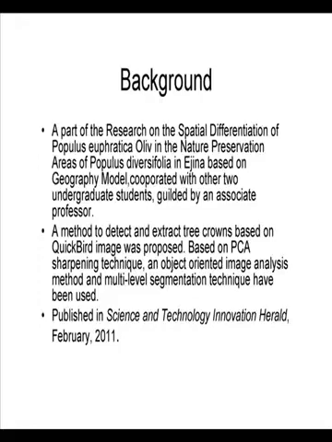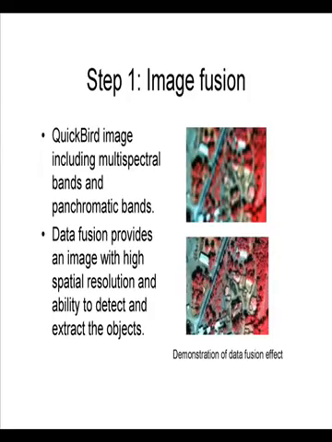In recent research, other factors are used in classification, such as the physical attributes of the objects and the geometrical relationships among neighbors. This research used the PCA sharpening technique, an object-oriented image analysis method, and a multi-level segmentation technique. The data is a QuickBird image, including multispectral bands and panchromatic bands.